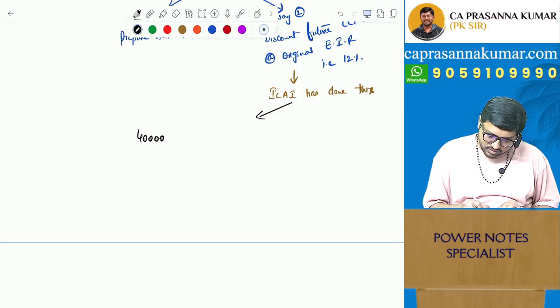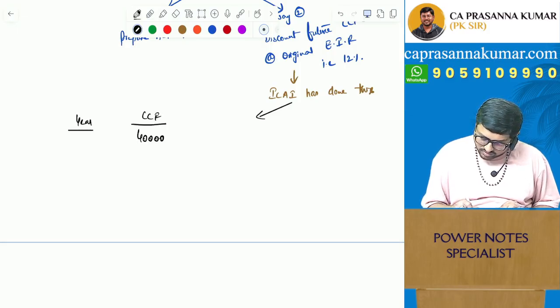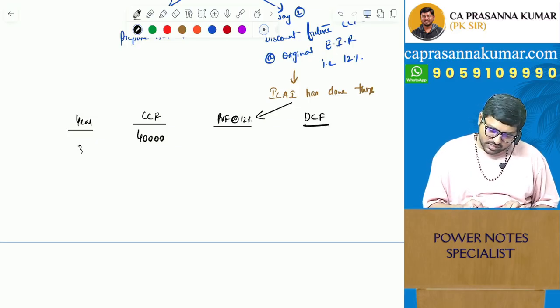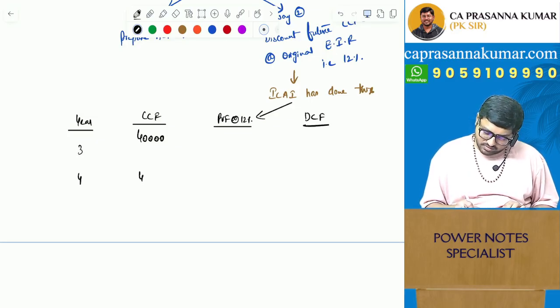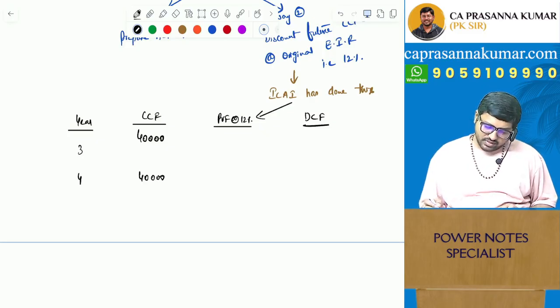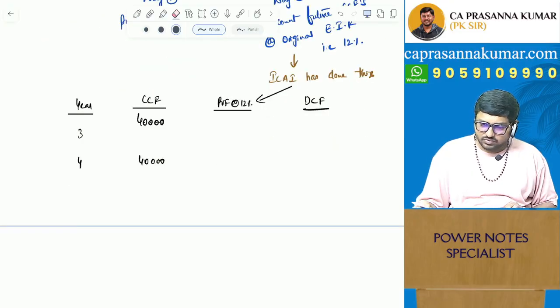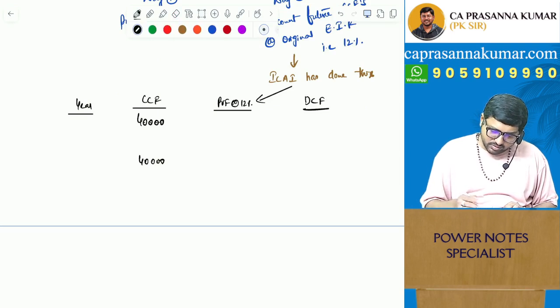Let me put some columns: years, contractual cash flows, present value factor at 12%, discounted cash flows. Years will be the 4th and 5th, 40,000 and 40,000. 3 years are finished, so it will be the 4th and 5th.